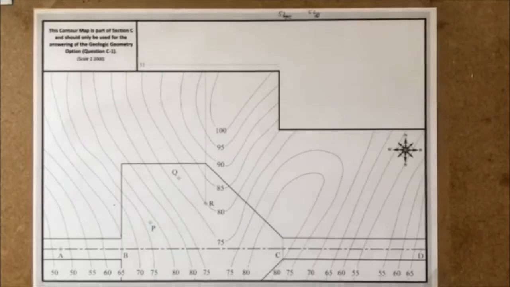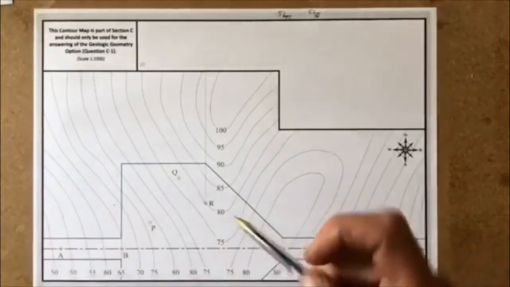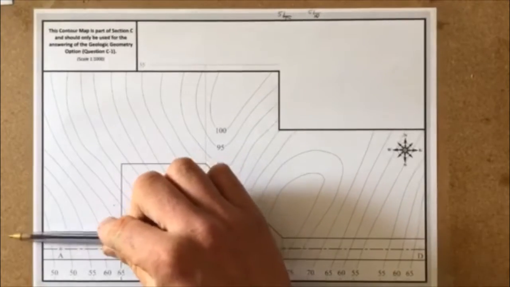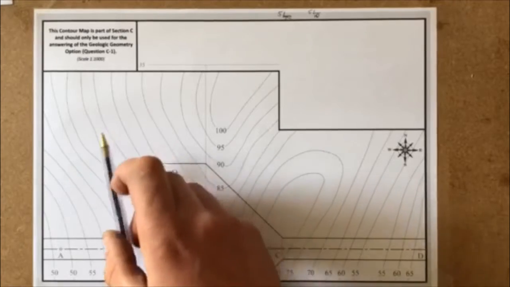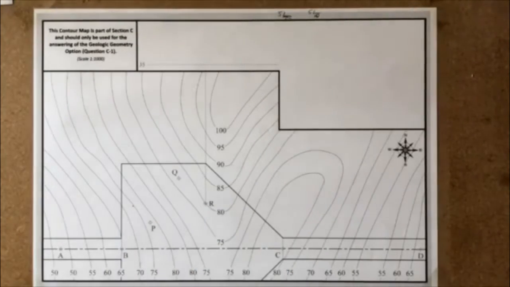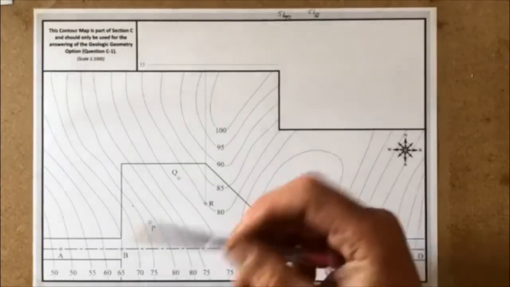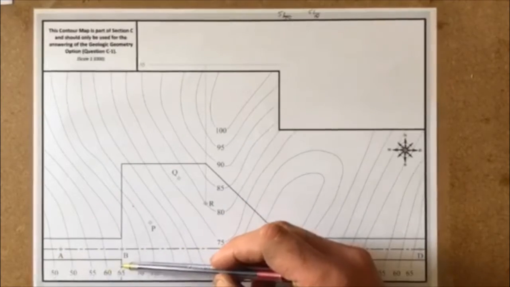Okay? So, it's all level from A to C. That means all our cut lines are going to be parallel to the road the whole way along. So it's going at 65. It's going 50 to 65 here.